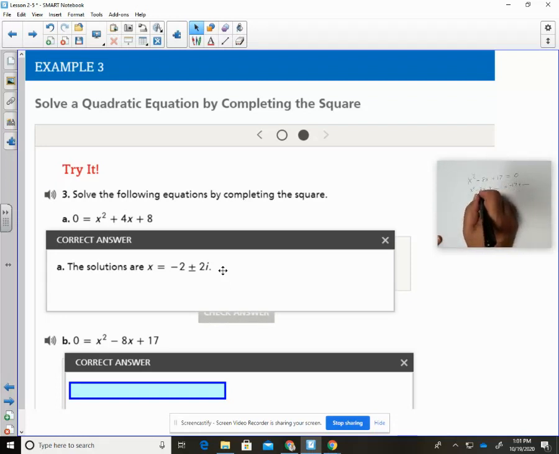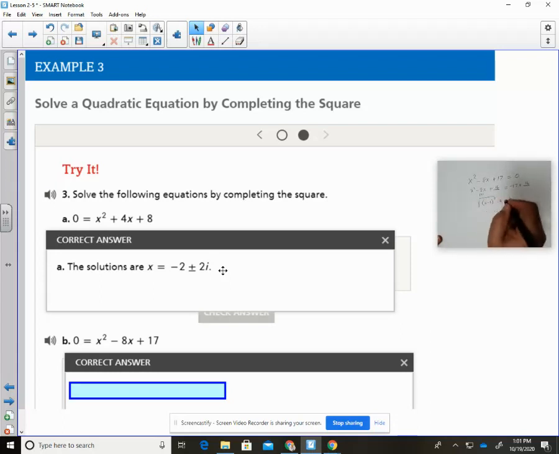Half of 8 is 4. 4 squared is 16. So I'm adding 16 to this side, so I'm going to add 16 to that side. That gives me x minus 4 squared equals negative 1.